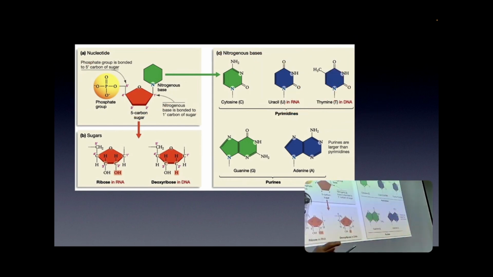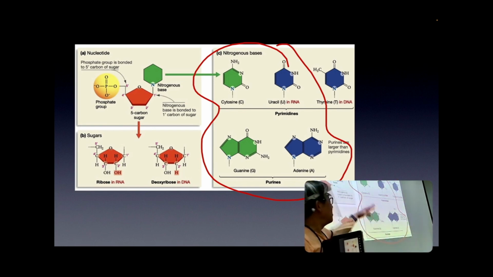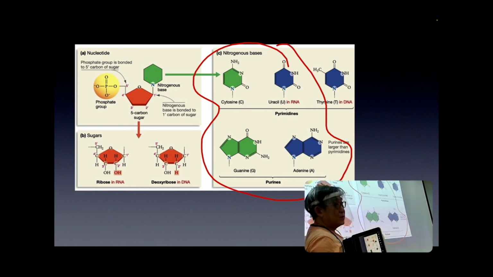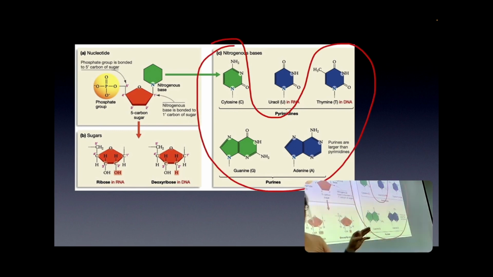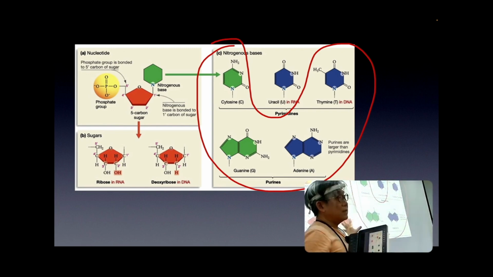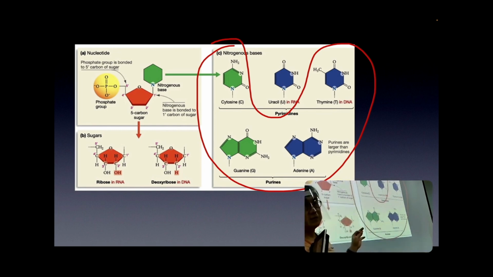So in the case of RNA-making nucleotides, these 4 different nitrogenous bases make the different kinds of nucleotide, whereas in DNA, once again, these 4 different kinds of base make different nucleotides. That's it. And that makes up an individual component, a nucleotide.